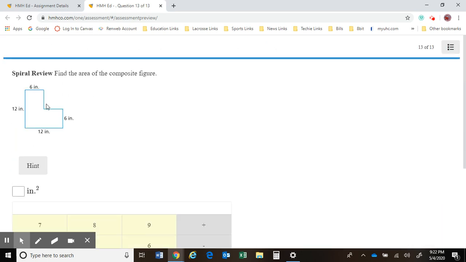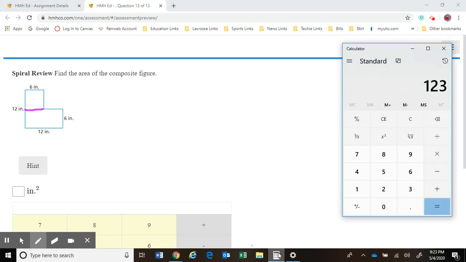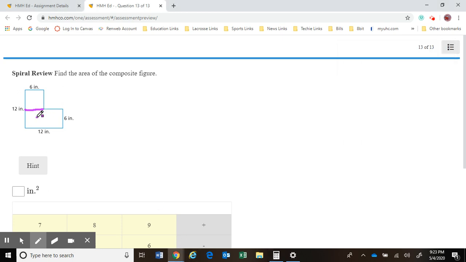All right. Find the area of the composite figure. You can do this a couple different ways. You could draw a line here, you could draw a line there. I'm going to draw it right there. Find the area of that one. That's 12 times 6, which is 72. And then what's this area up here?